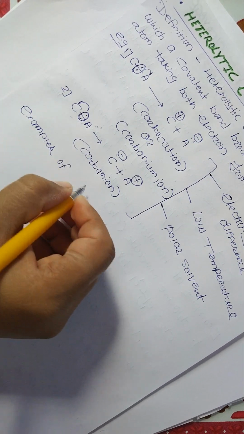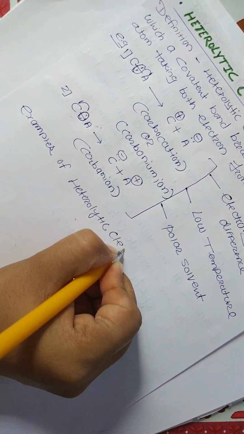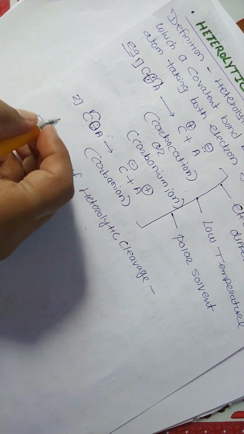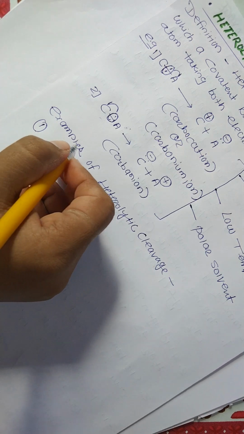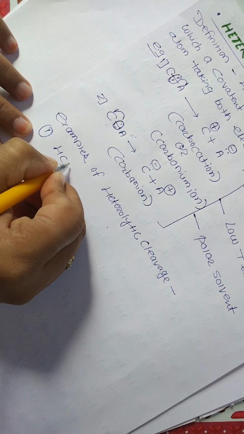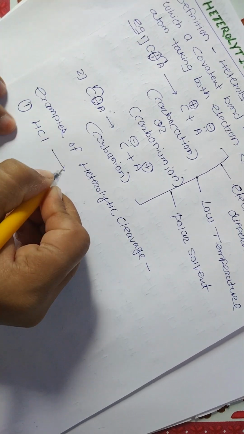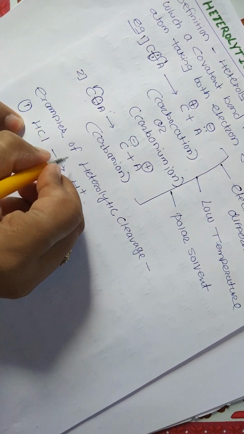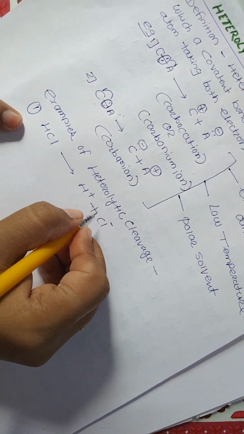We'll see the first example, hydrogen chloride. In the presence of water, what you will get, H plus and Cl minus, okay.